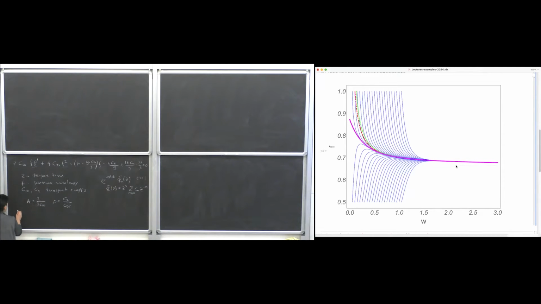So what is my solution? My solution is a trans series. I'm writing the trans series in a particular way, but it'll be clear. So it's going to be a sum over all the exponentials.